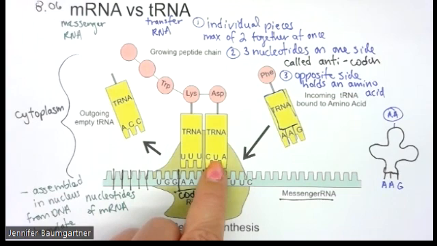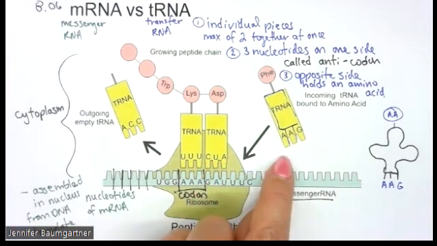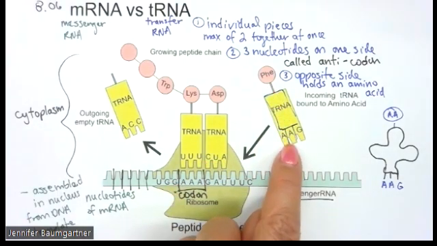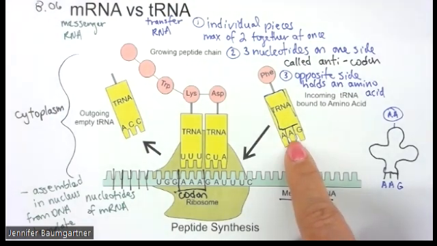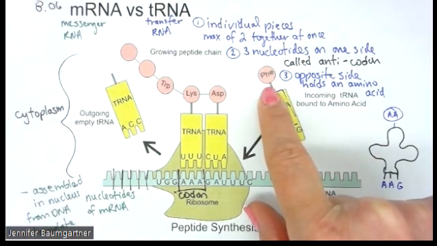Only aspartic acid can attach to a tRNA that has CUA. Only a PHE, or phenylalanine, can attach to a tRNA that has AAG. So we have specific binding between an anticodon and an amino acid.